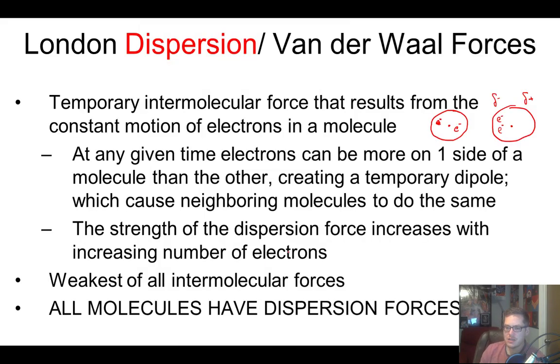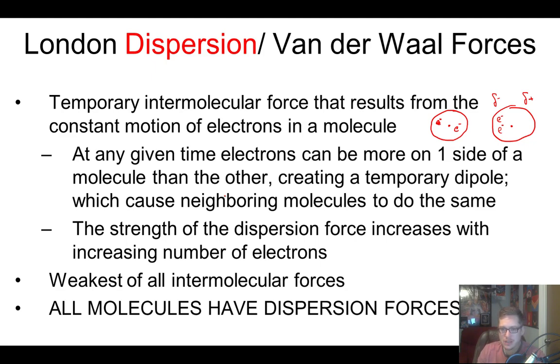So the idea is that the more electrons you have and the bigger and squishier your molecule is, the more your dispersion force is going to increase. Now, it's still ridiculously weak compared to the other intermolecular forces. For example, remember fluorine boiled at a stupidly low temperature, and fluorine only has London dispersion forces acting on it.